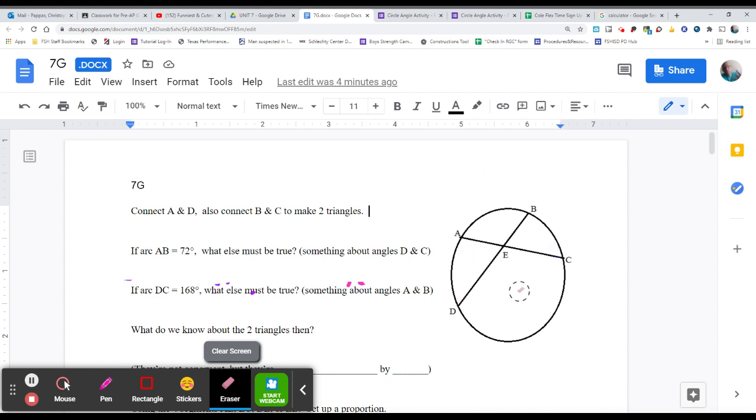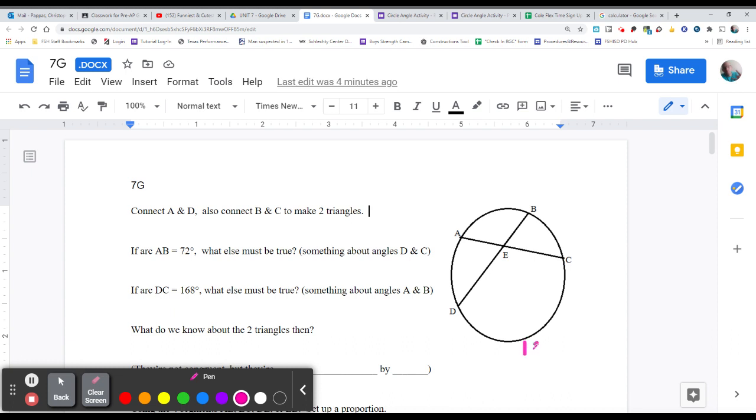And if we come down here, let's say arc DC is 168 degrees. Previously, we did this and this. Does that say something about angles A and B? Well, let's think about this. Angle A, we trace angle A out. It's an inscribed angle. It's going to be half of 168, because it creates that arc of 168.